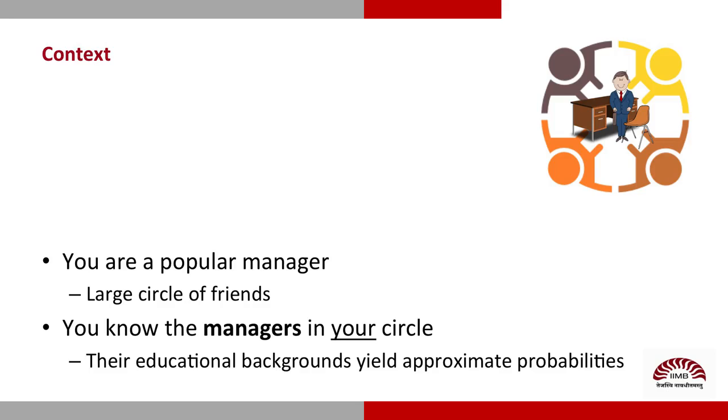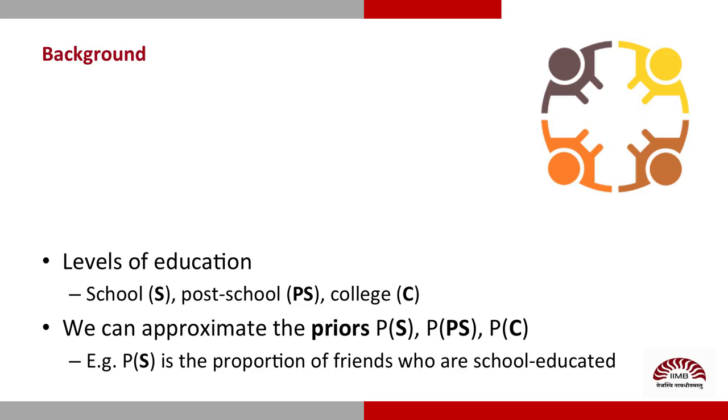Say you're a popular manager with a large circle of friends whose backgrounds you know fully well. This means you've got a good handle on the priors, which are P of S, P of PS, and P of C for the three educational levels. You'll easily know which of your friends in these three camps are managers.